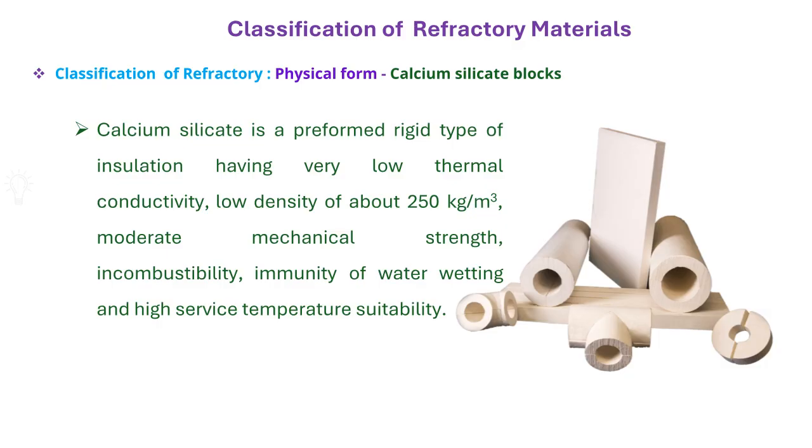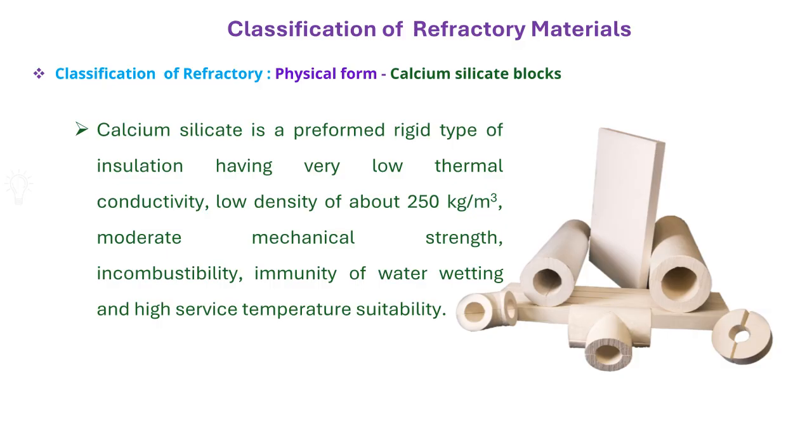Another big advantage is safety. Calcium silicate is completely non-combustible, meaning it won't burn. It's also water-resistant, so it doesn't absorb moisture or lose performance when exposed to wet conditions. On top of that, calcium silicate can withstand high service temperatures, much higher than many other insulation materials.